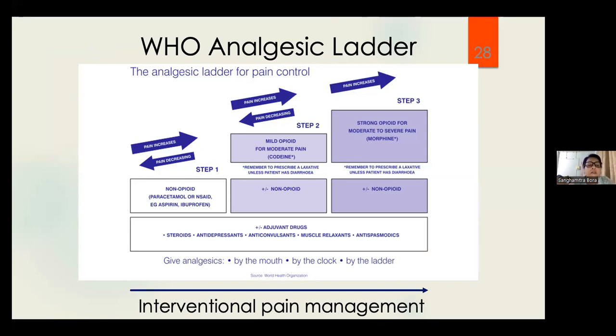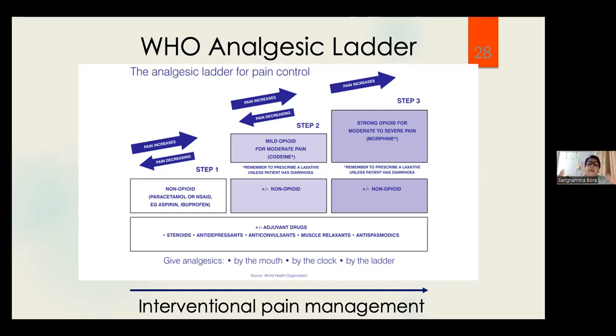For step 1, it's for mild pain, and you start with paracetamol or an NSAID, for example, ibuprofen, aspirin. And if the pain increases to a moderate range, you have found out that the patient has a moderate pain, you escalate to step 2, which is a mild opioid. The mild opioids are codeine and tramadol.